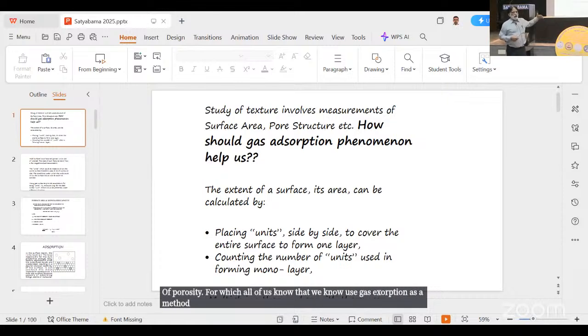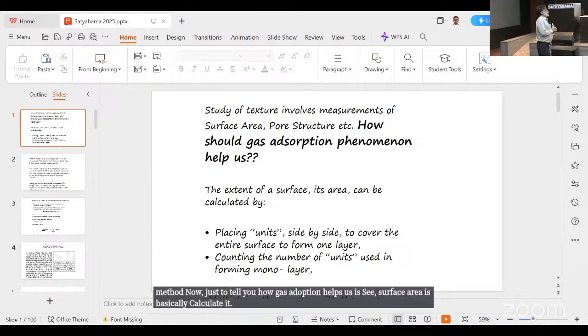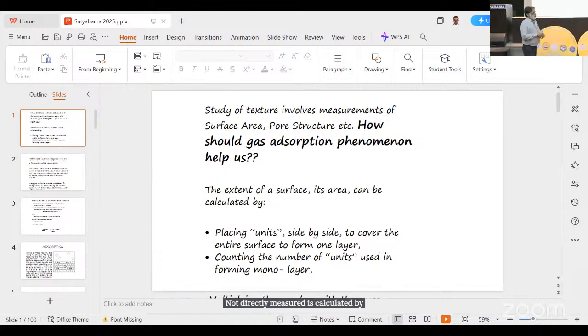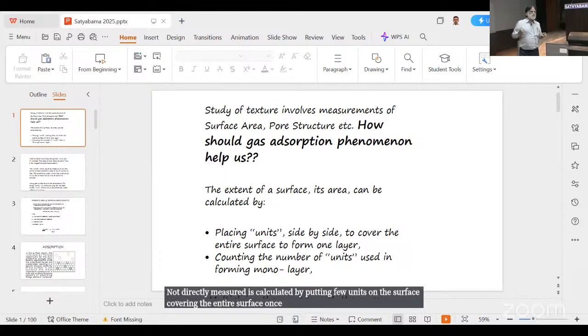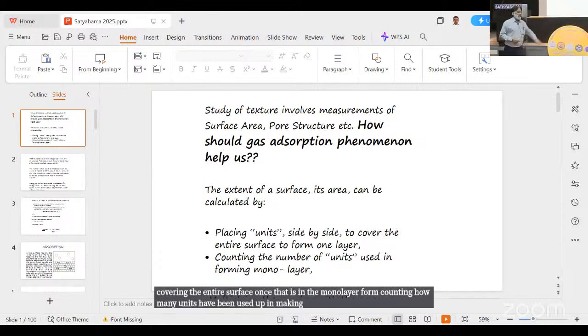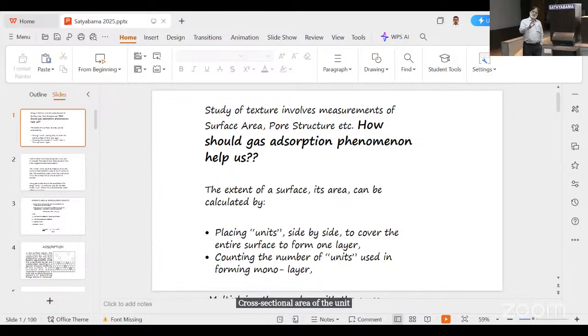Now, just to tell you how gas adsorption helps us: surface area is basically calculated, not directly measured. It's calculated by putting a few units on the surface, covering the entire surface once, that is in the monolayer form, counting how many units have been used up in making one layer, and multiplying this number with the cross-sectional area of the unit, which will give us the surface area.